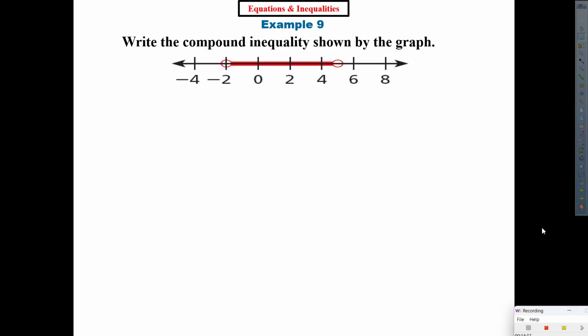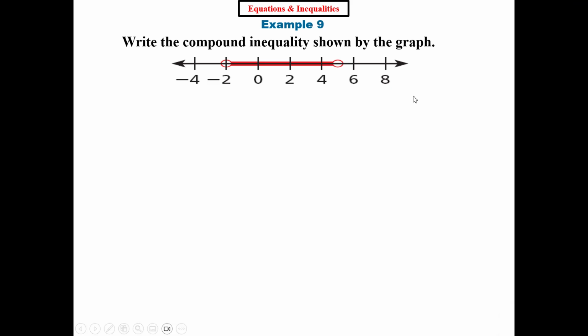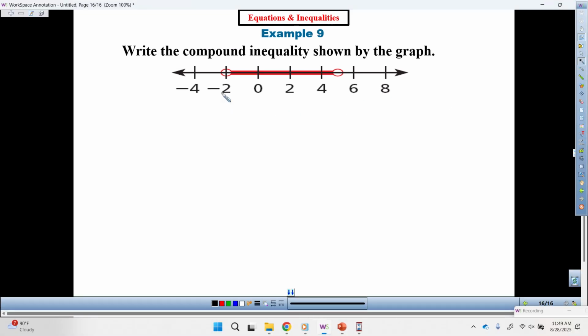Example 9. The question was, do the two graphs intersect? Yes, they're intersecting here, so the solution is in between -2 and 5.